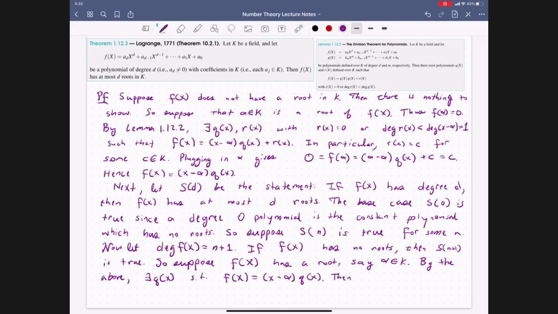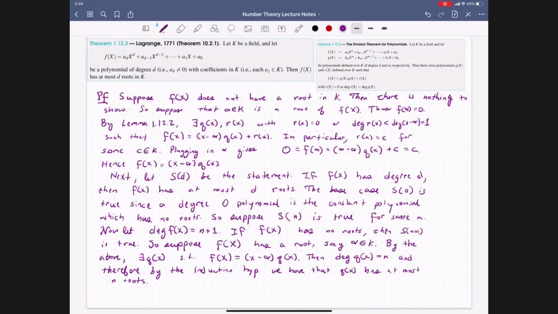So then the degree of q of x has to be exactly n, and therefore, by the induction hypothesis, we have that q of x has at most n roots.